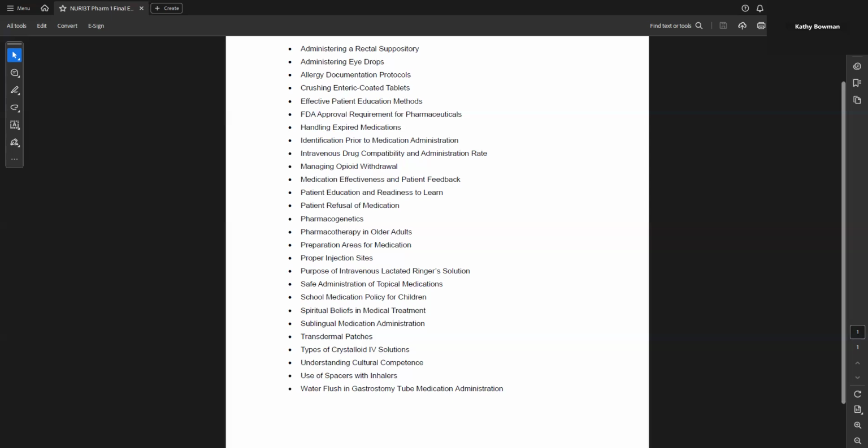And then lastly, water flush in G-tube med administration. Why do we use a water flush after each med administration? To make sure that all the medication is pushed into the stomach. Good. Yeah.